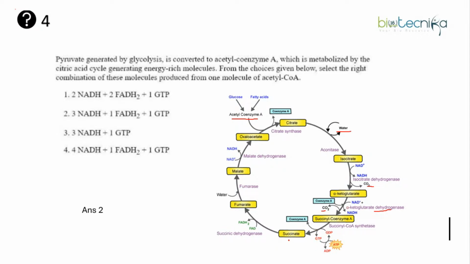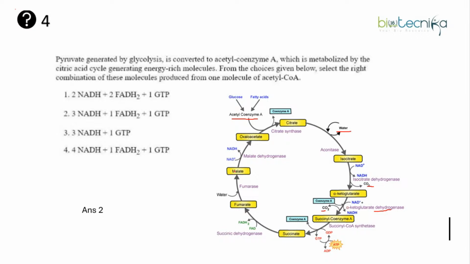From succinate, you form fumarate. In the process, succinate converts to fumarate by succinic dehydrogenase, and FAD is getting reduced to FADH2. From fumarate, malate is being formed by the enzyme fumarase, and a molecule of water is used here.